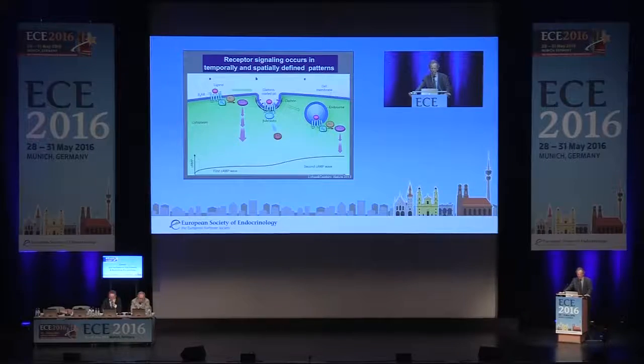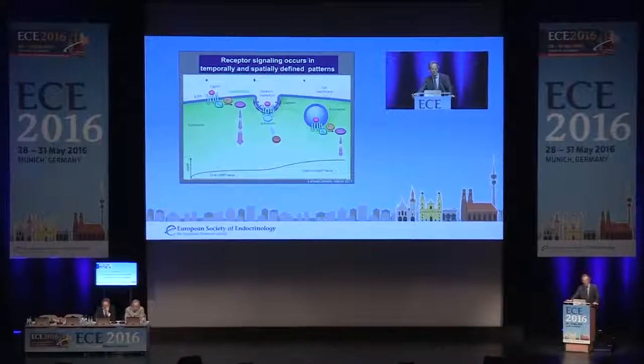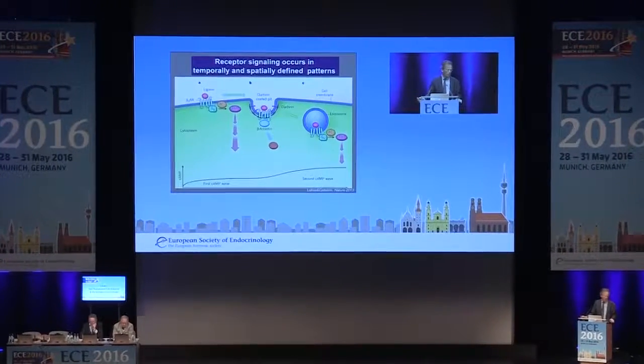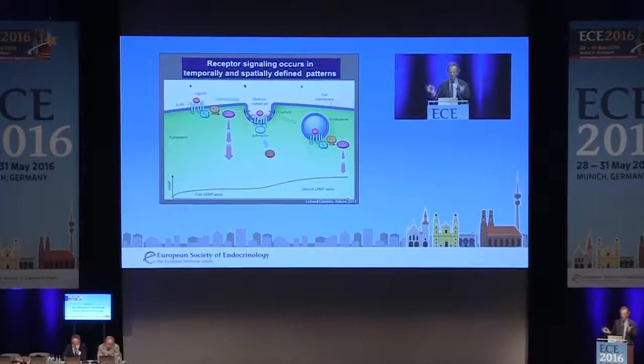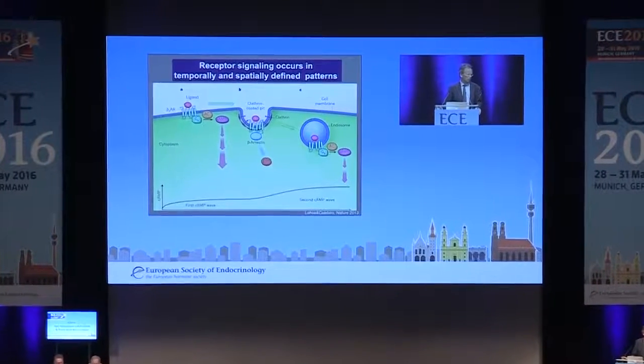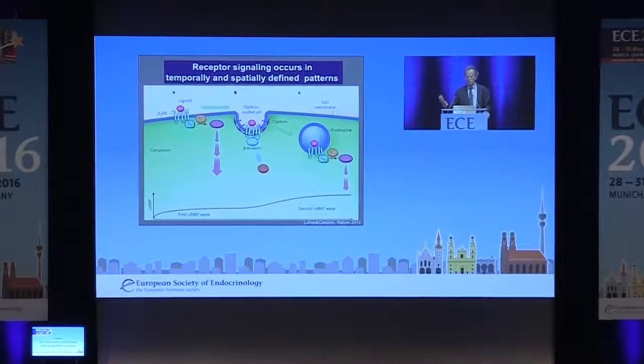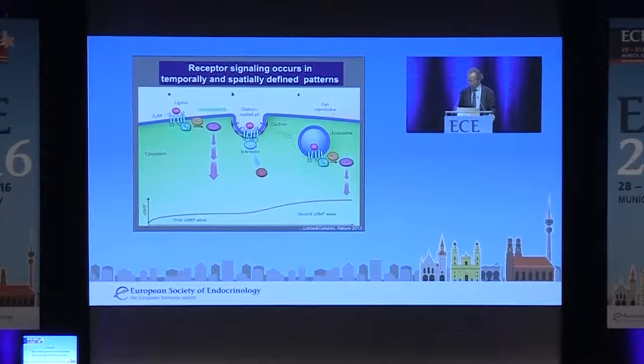However, recently it became apparent that the situation is much more complex, and that even within a cell you can have heterogeneity of where the receptors are and what they do in a cell.